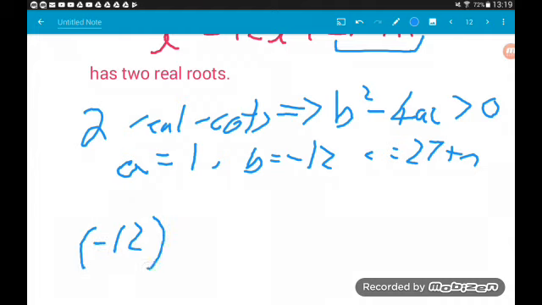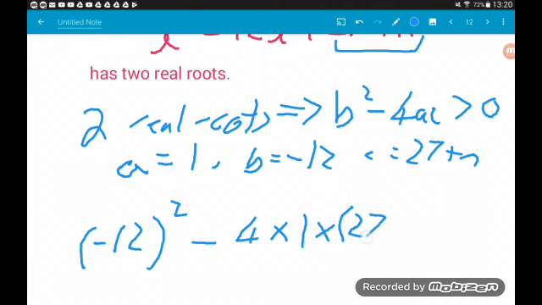Let's write it all out nice and carefully. Minus 4 times 1 times 27 plus M. Now that is our discriminant. Now we know, because we have two real roots, that this has to be greater than 0. So don't lose the inequality as you're working through.